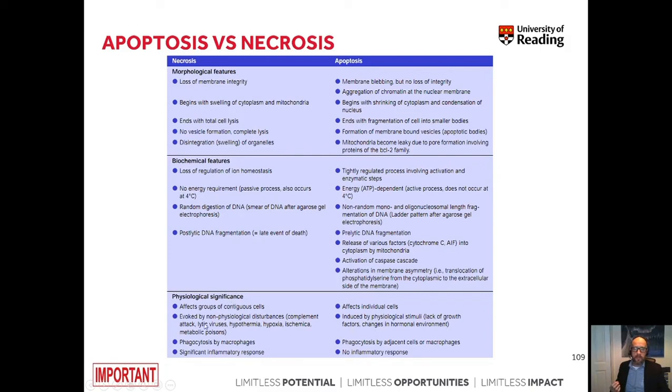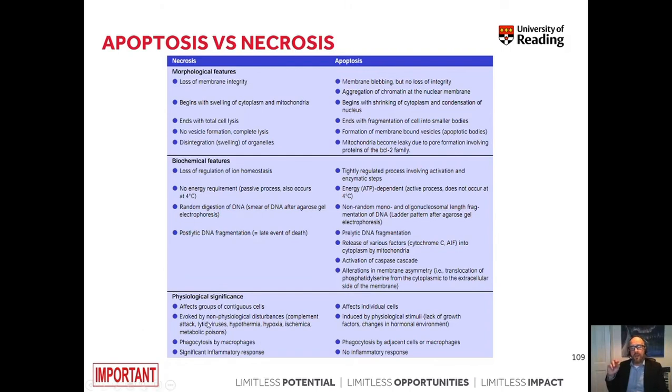In contrast, necrosis is evoked by non-physiological disturbances, including trauma, infection with viruses, hypothermia, hypoxia, or metabolic poisons. In necrosis, there is phagocytosis by adjacent cells or macrophages. The components of the cell are taken up by macrophages, but not as vesicles.